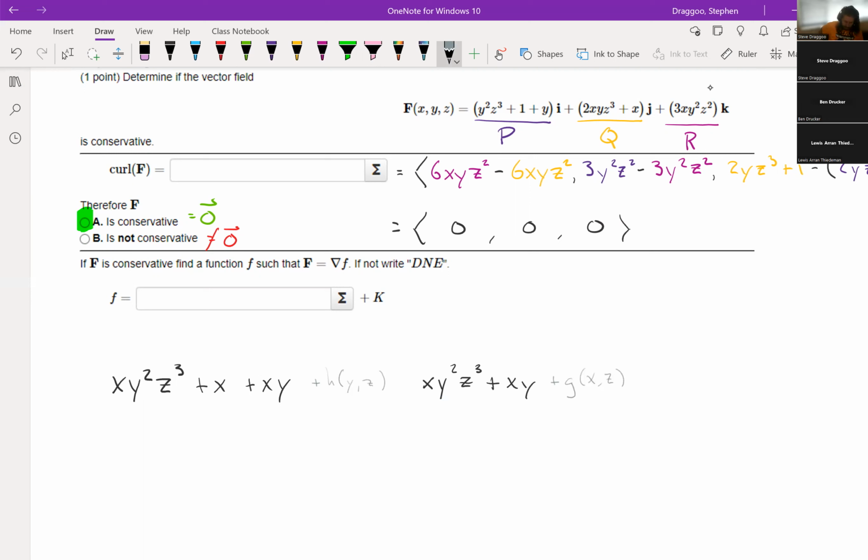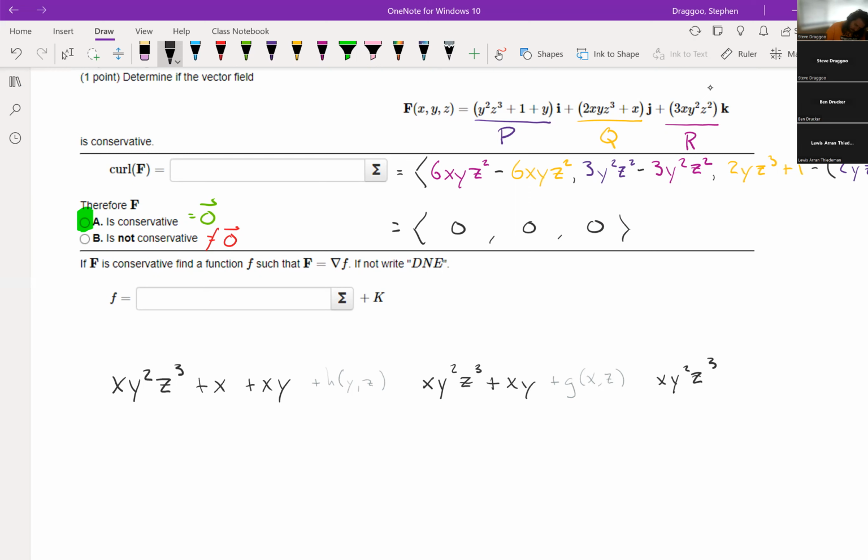Because any term that does not depend on y, its derivative will be 0 when we do a partial with respect to y, meaning that if there are terms there, we'll need the x integral and the z integral to recover those terms. So the same thing, we do our z partial integration, we'll get xy squared z cubed again.